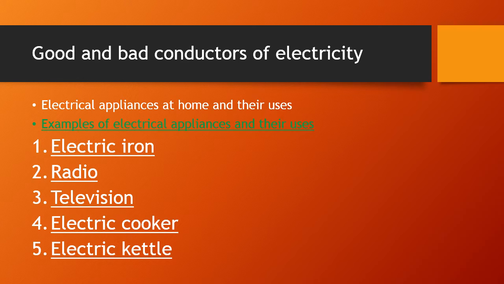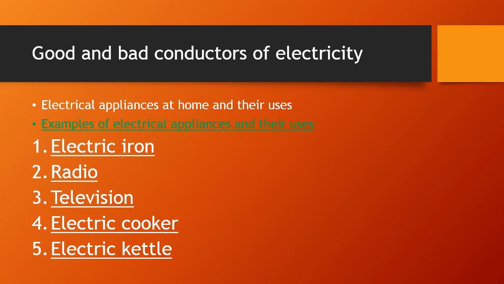Pupils, most metals are good conductors of electricity. Most non-metals are bad conductors or insulators. Electric wires are coated with insulators to protect us from electric shock.